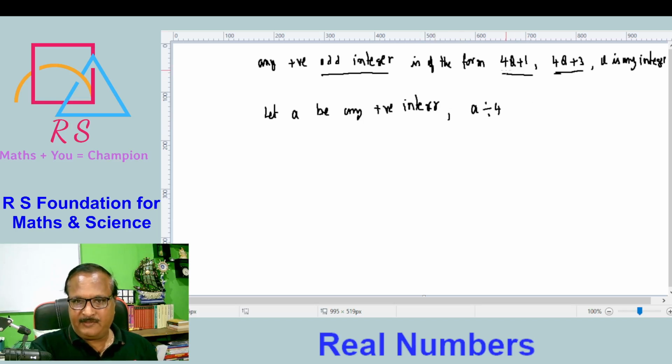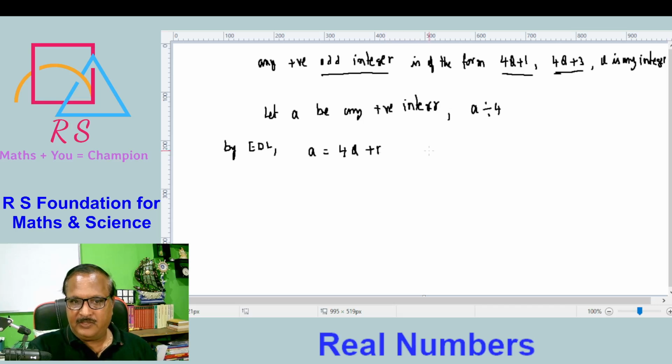If a is divided by 4, then by Euclid's division lemma, a is equal to divisor into quotient plus remainder, dividend equals divisor times quotient plus remainder. This is the division lemma rule.